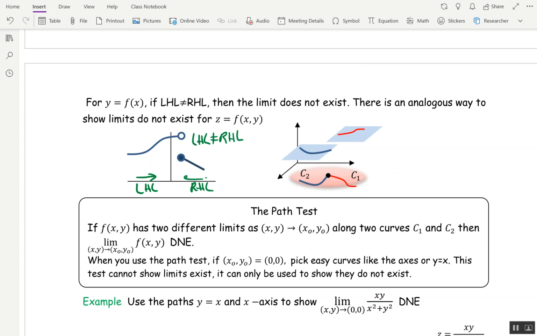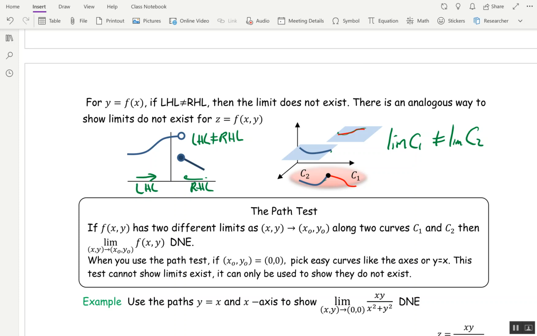With a function of two variables, if you can find two curves where the limit along one curve is different than the limit along the other curve, then you can say the limit doesn't exist. Instead of left-hand limit, you'd say the limit along C1 is not equal to the limit along C2, and that would prove that the limit doesn't exist.